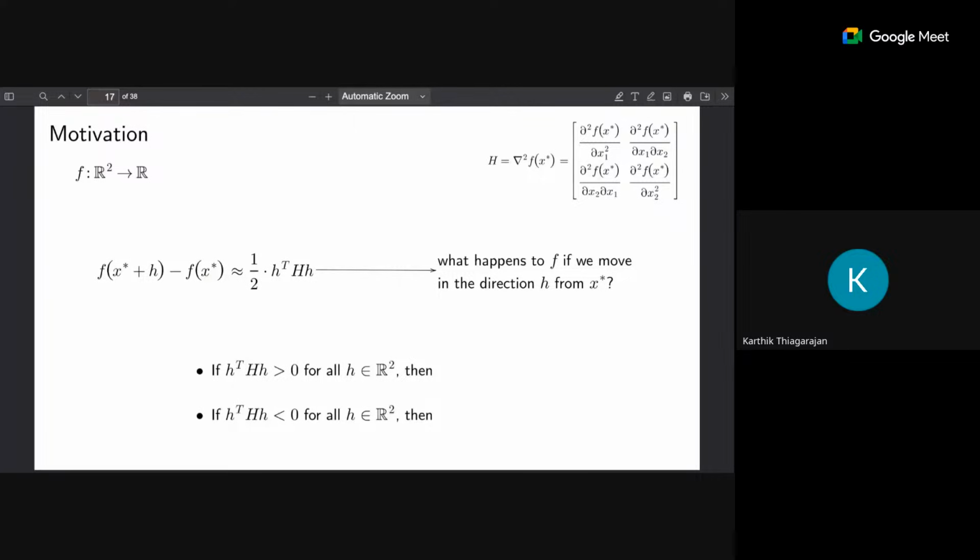So when that happens, x star has to be the bottom of a convex bowl. If when you move in this direction h, this is always negative, then you are sloping down. So this is like an inverted bowl. In this case, it looks something like this. Okay, of course, in 3 dimensions. Okay. So could you please show the last slide?